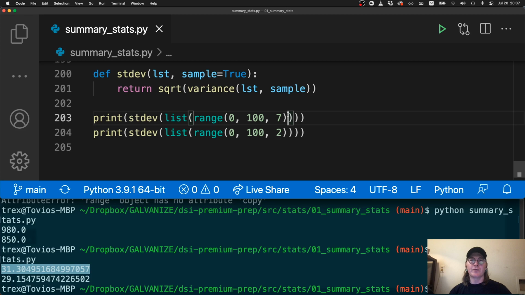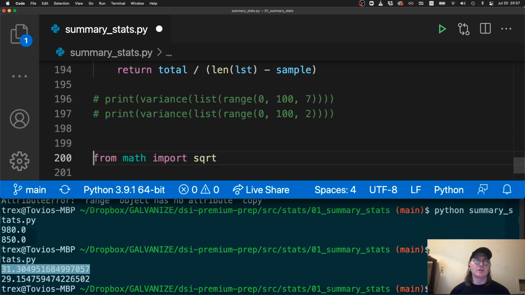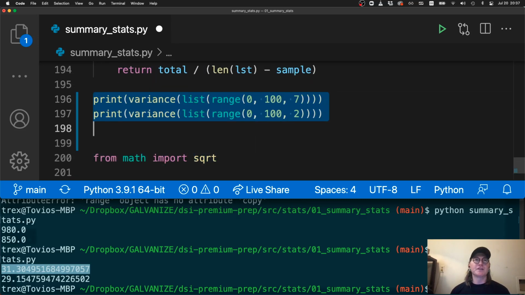In both cases, we're assuming that these are samples. Let's, just for fun, let's look at the difference between, let's do this for both variance and for standard deviation. And I'm doing this to make a tiny point, and definitely not a grand point. So let's change both of these.